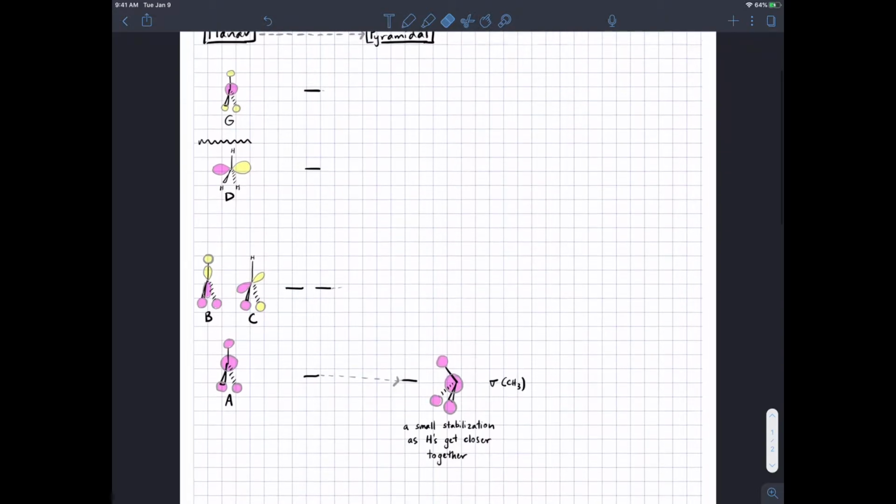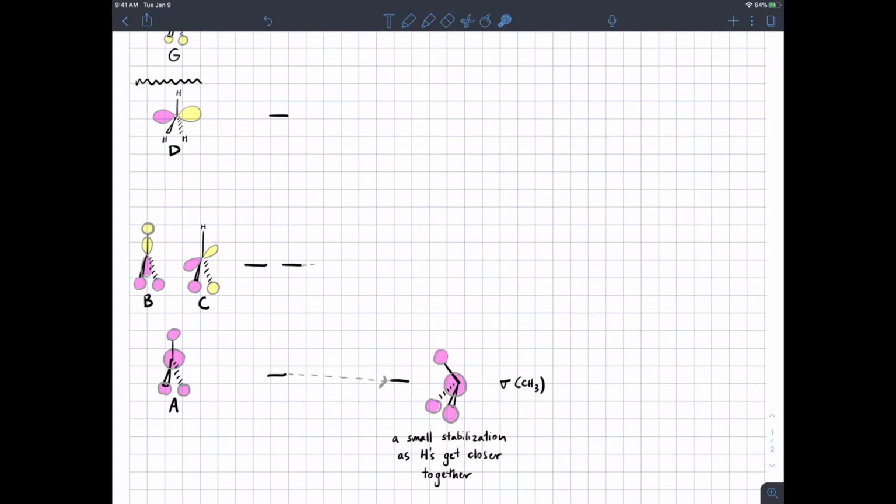So last time we said if you take this mostly S character CH3 group orbital and start to pull the hydrogens back towards the left to make the carbon more pyramidal, the energy doesn't change a lot. The overlap between carbon and the 1s orbitals doesn't change much, but you start to get maybe a little bit of hydrogen-hydrogen overlap.